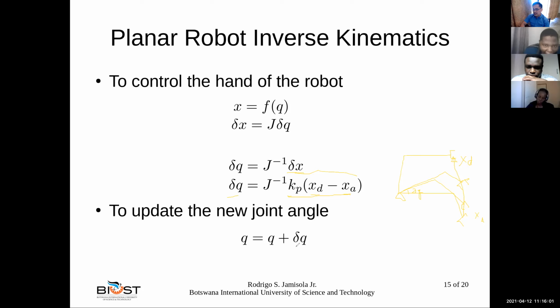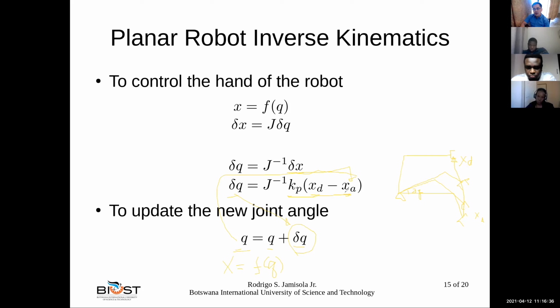So at every incremental cycle, we take the current value of Q, add the incremental delta Q that we compute from here, and update Q. Then we go back and recompute X actual for the given Q, because X comes from the forward kinematics of the newly updated Q. What is this new X compared to the desired X?